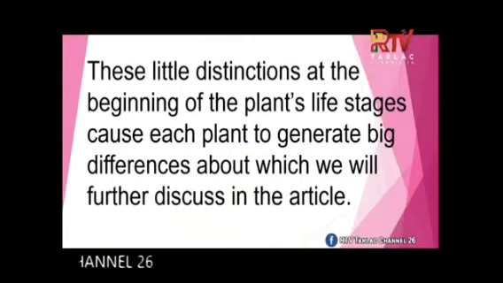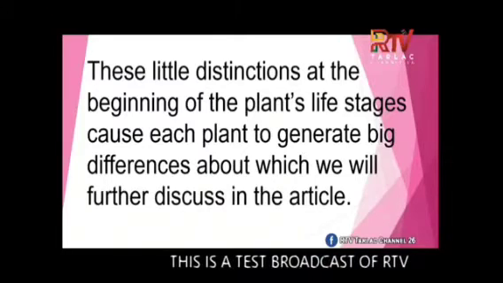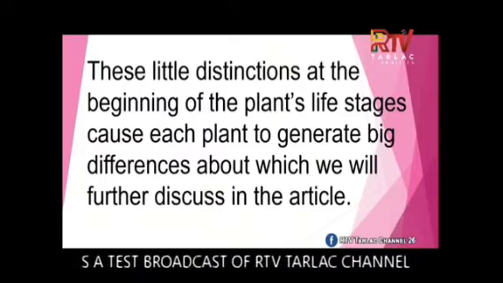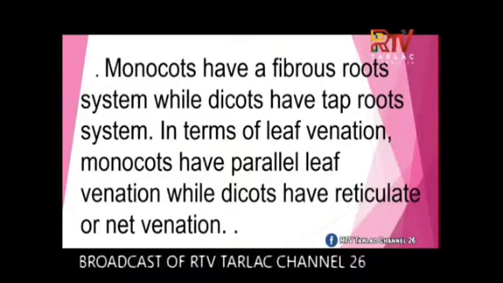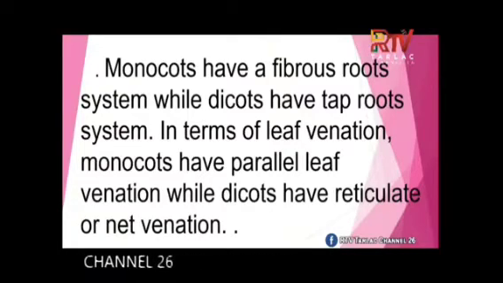These little distinctions at the beginning of the plant's life stages cause each plant to generate big differences about which we will further discuss in the article. Monocots have a fibrous root system, while dicots have a taproot system.